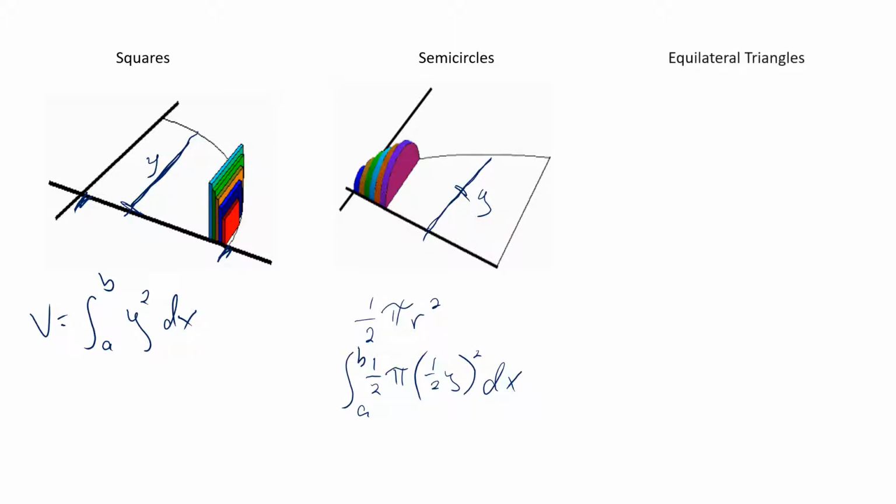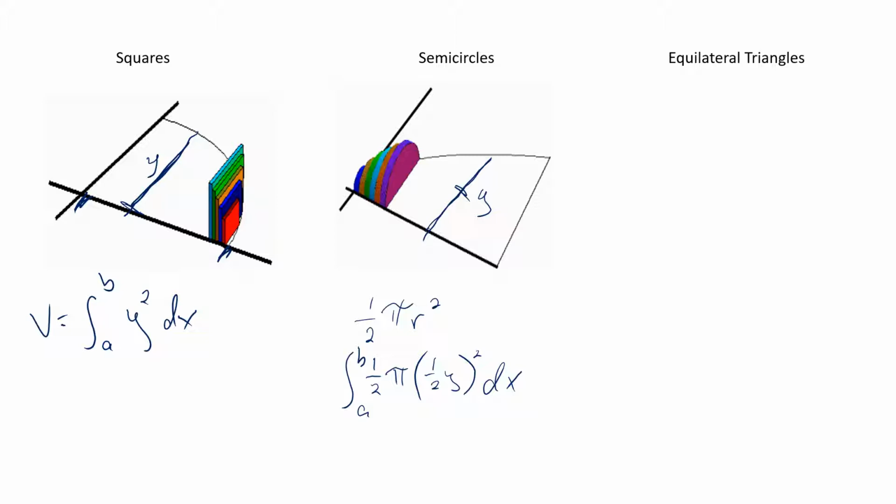And we could also have a triangle. Equilateral triangles is the one we're showing here, but it could be any triangle. Remember, triangle is 1/2 base times height. It would give you information about the height. It could say it's an isosceles right triangle where one leg is on the XY plane.